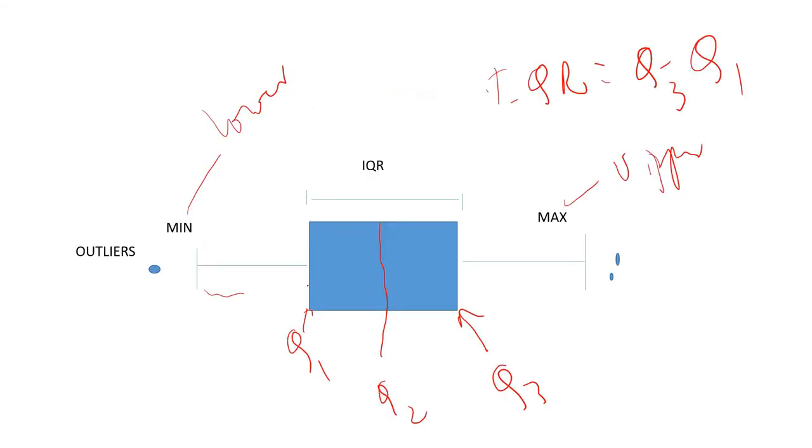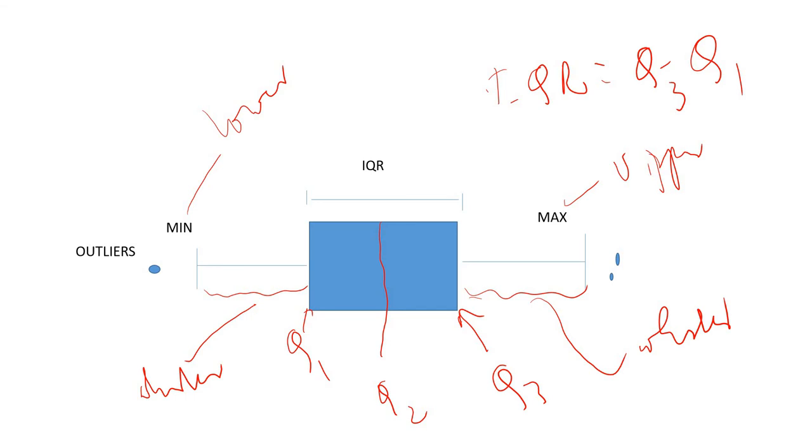This area is known as the whisker, and this distance on the other side is also known as the whisker. That's why we call it a whisker plot. You got this as the minimum value and this as the maximum value. Any data point coming outside the min and max is an outlier. So this is the way the box plot identifies outliers.